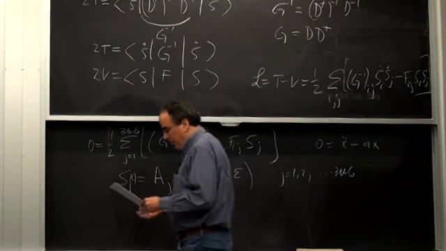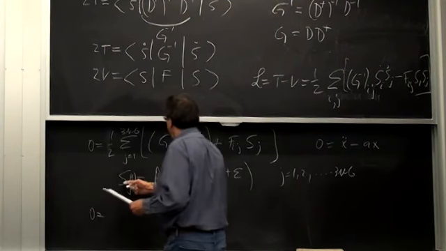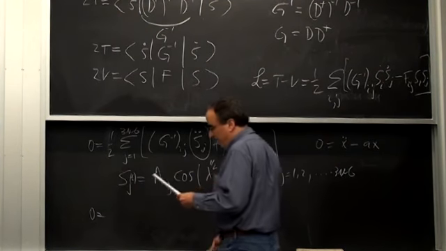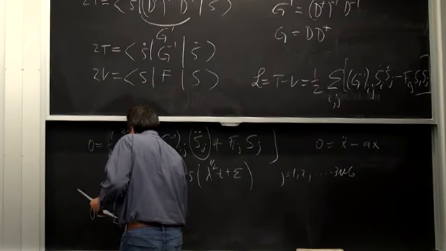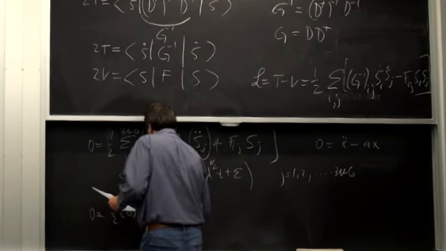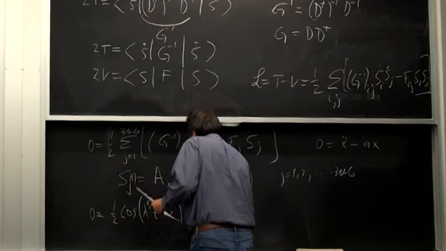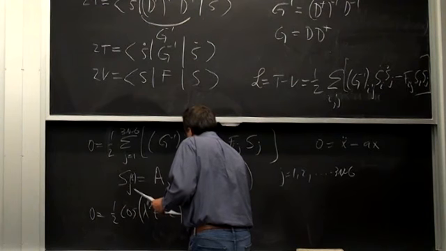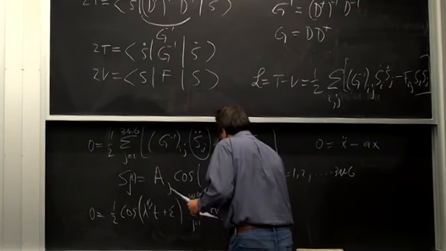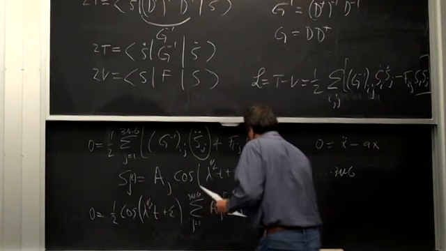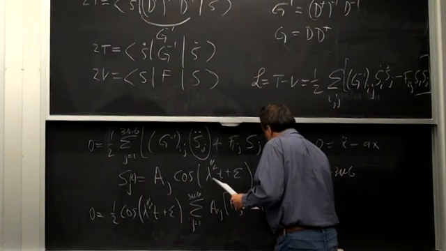We put it into the equation of motion, and so substituting this form into this equation of motion, we have lambda 1/2 cos lambda 1/2 t plus epsilon times the sum j equals 1 to 3n minus 6 of a j times F Ij minus lambda g Ij minus 1.